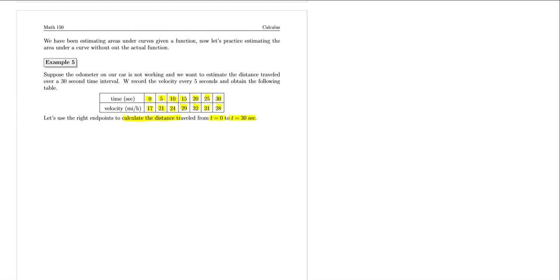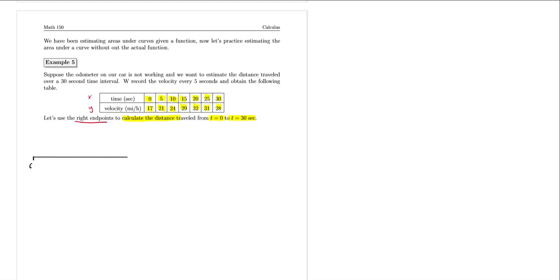All right, so how do we get the total distance? And what do they mean by using the right endpoints? Because we don't have the function and we do not have the graph. Well, even though we do not have the graph, we do know the inputs, the x values, and we know the y values. So what I would recommend for this type of problems is to essentially create a number line and type in the x values, or in this case, the t values, the time in seconds.